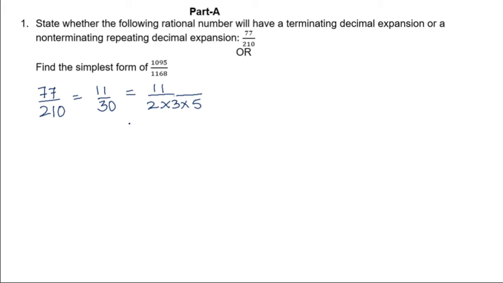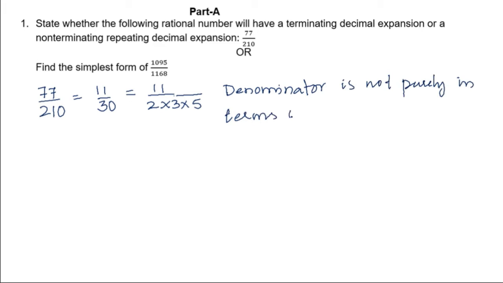The denominator is not purely in the form of 2 to the power of n into 5 to the power of m.